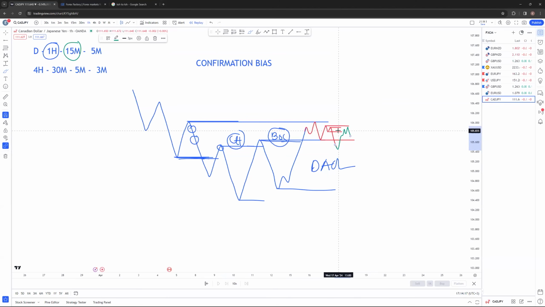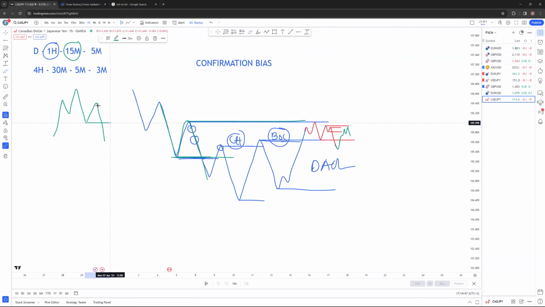If the price changes the character after reaching that area, it means this structure already confirmed that it's bearish. Because for the first time, we had this bearish break of market structure here. But in order for us to confirm that the price is now bearish, we have to see the 1 hour give us the break of market structure. So the 1 hour must change and then break.